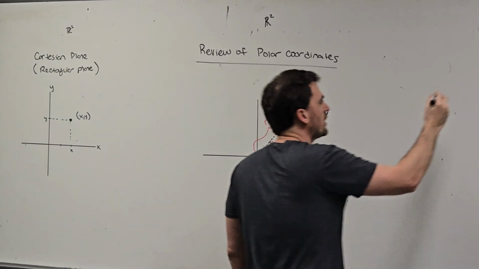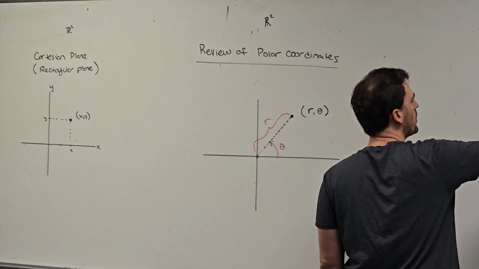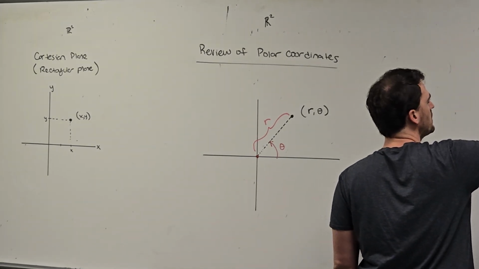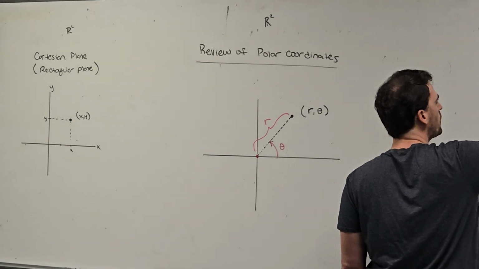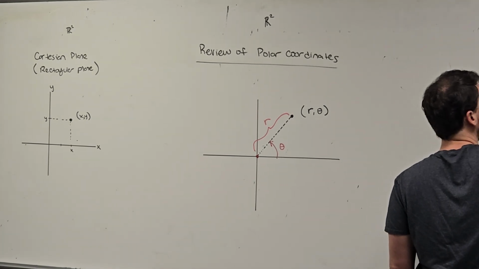So I could ask you to plot the point 2 comma pi over 4 in the polar plane.